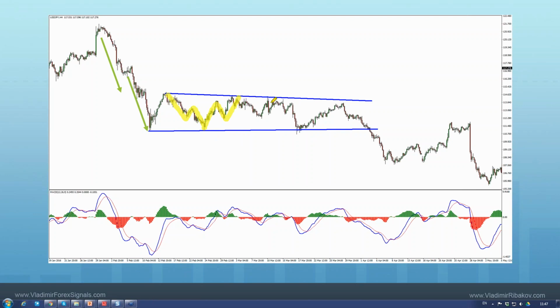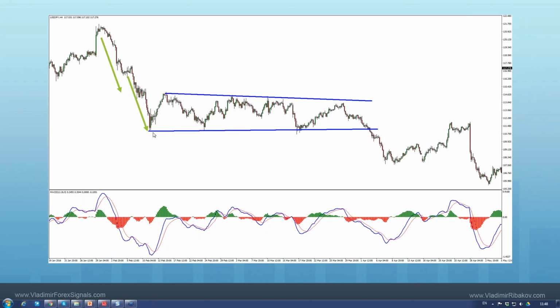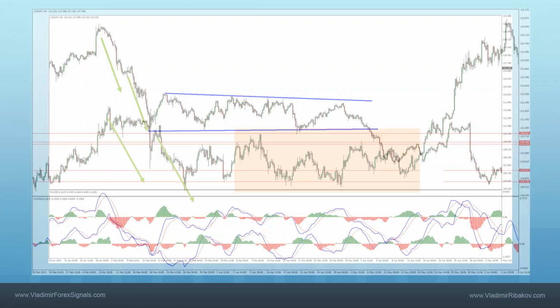Double, double, double, triple, double. All right? Each of the legs inside is a cycle by itself. This is how we define the triangle style of a range.